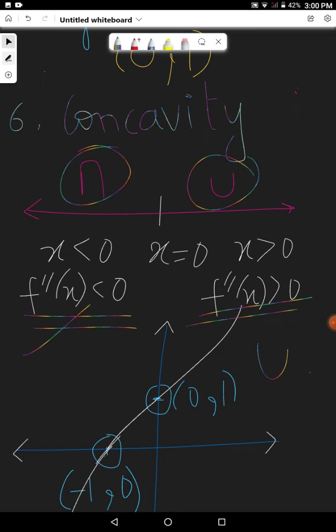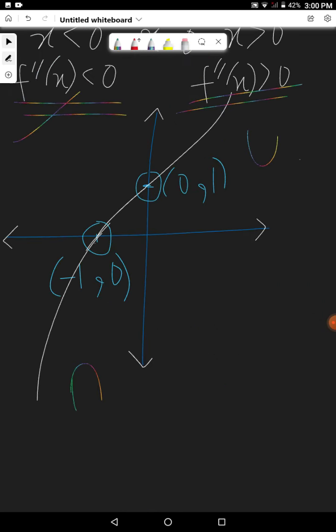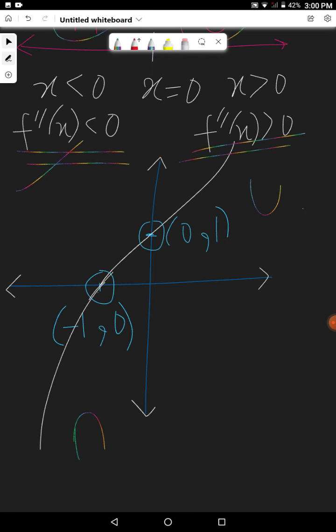So now we can easily sketch the graph. We know that the curve is passing through 2 points, (-1, 0) and (0, 1), right? So in the part less than 0, where x is negative, it will be concave down. So as you can see, it is concave down.